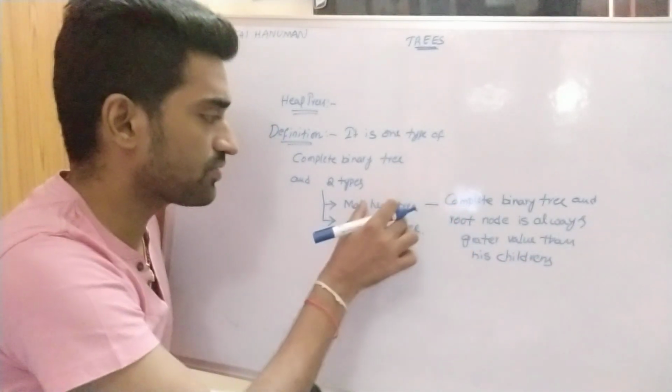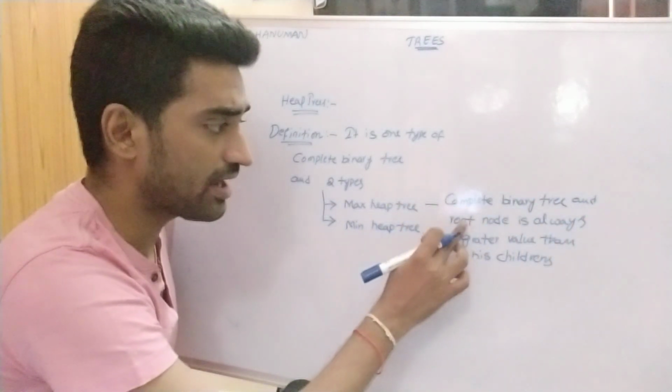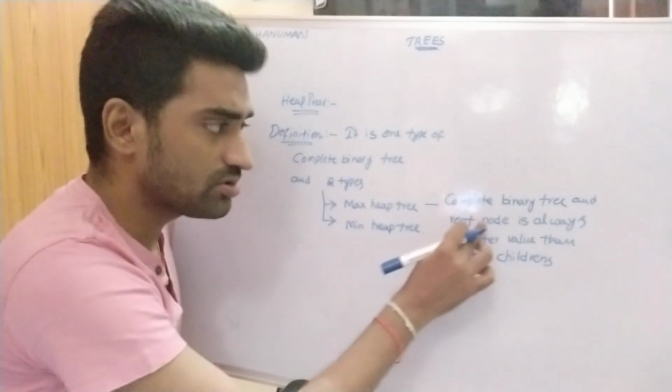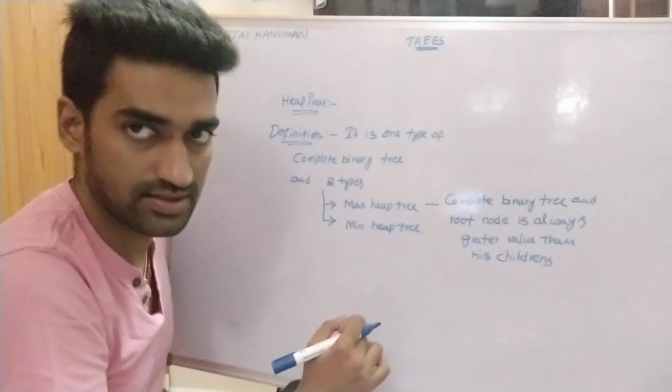So this is the definition of a max heap tree. A max heap tree is one type of complete binary tree, and in the tree, the root node is always greater in value than its children.